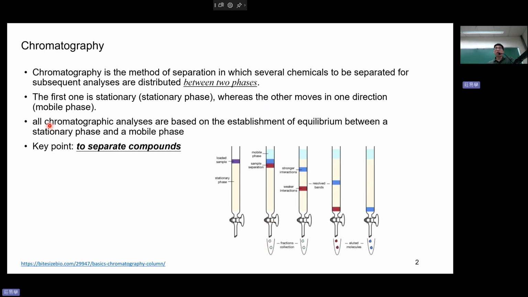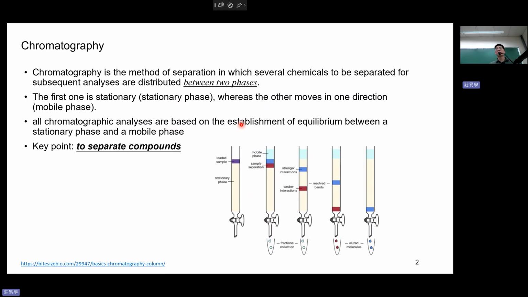Okay, so all chromatography analyses are based on the establishment of equilibrium between a stationary phase and a mobile phase. So what does it mean here? To separate the compounds, it's basically based on the establishment of equilibrium between stationary phase and mobile phase.